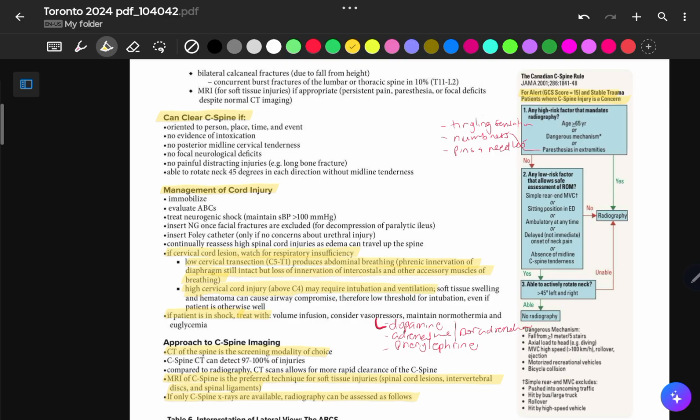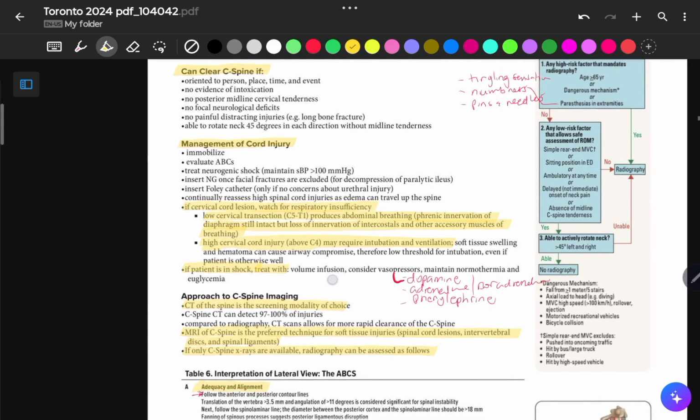So cervical injury between C5 to T1, the patient will have abdominal breathing because the phrenic nerve is not affected, but they have lost innervation of the intercostal and other accessory muscles.